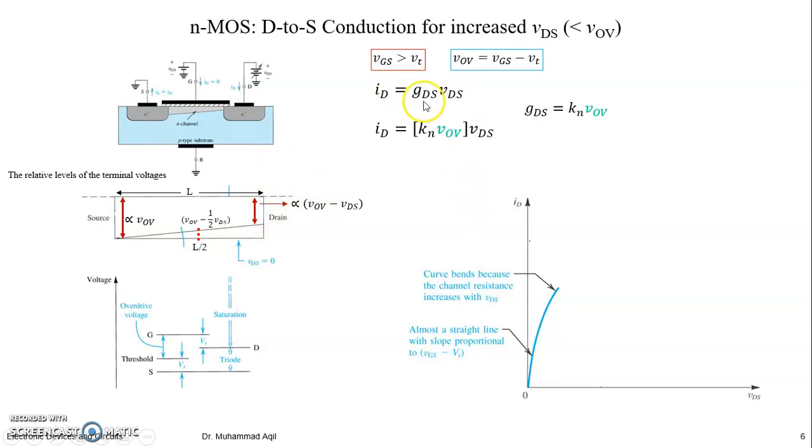Now I can introduce another thing. ID is equal to conductance multiplied by voltage. The conductance was GDS equal to KN VOV, so I put KN VOV into VDS.